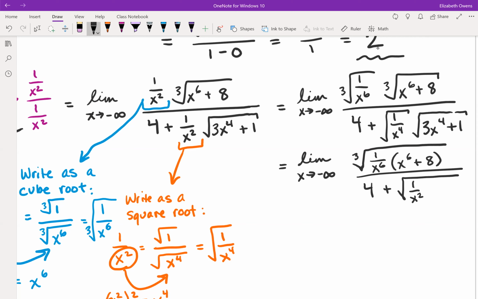There we go. Because you know how I spotted that was the fact that we have 3x to the 4th underneath our radical. Usually you should end up seeing that same power in your multiplier. So 1 over x to the 4th. There we go. Now we can do our distribution and things are going to turn out nicer that way.